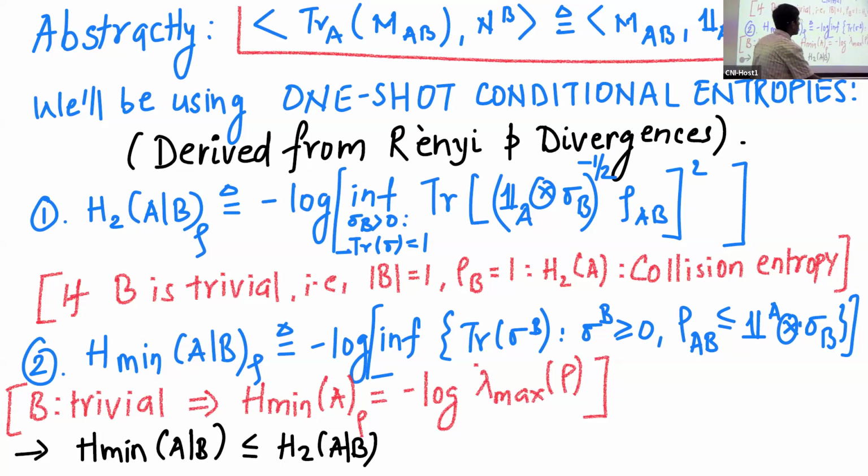This is the notion of comparison. The intuition to take away is that if B is trivial, then the min entropy is nothing but negative log of the maximum eigenvalue of that operator. And it can be trivially shown, just by comparing these expressions, that H min of A given B is less than or equal to H2 of A given B. This also justifies why one is called min and the other is not.